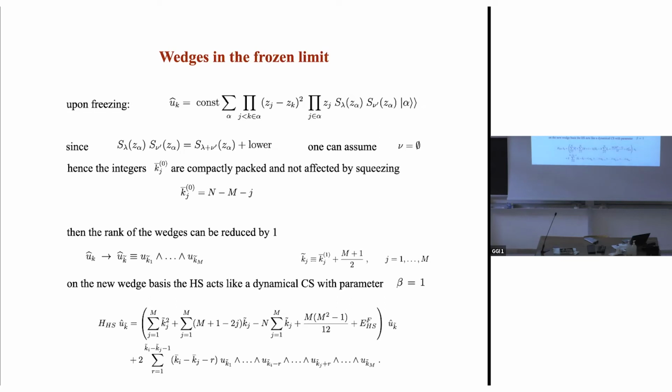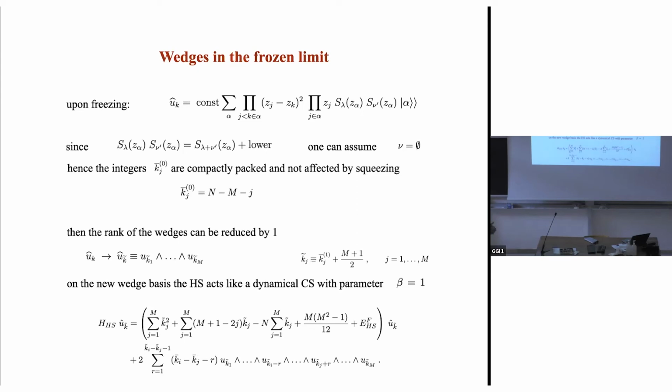We have to shift it a little bit to have nice properties, but we can reduce the rank of the wedges by 1, so we get an action of a Haldane-Shastry Hamiltonian on UK. It can be translated to the action on these reduced wedges, and if we compute the result, it's exactly the action of the dynamical Calogero with beta equal 1 on some reduced space.